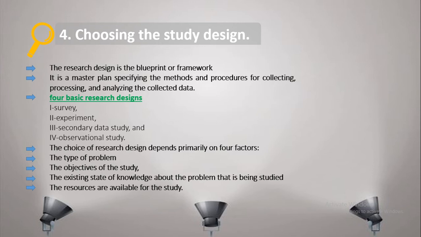It is a master plan specifying the methods and procedures for collecting, processing, and analyzing the data. Means your study design decides how to collect your data, how to process your data, and how to analyze your data. Means if you are conducting a cross-sectional study, then you need to adopt the methodologies accordingly.